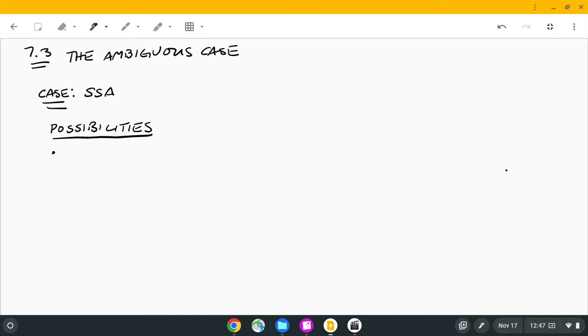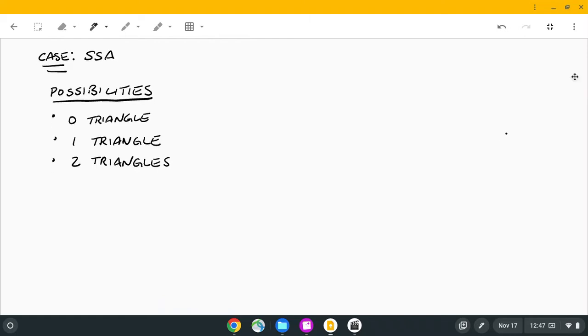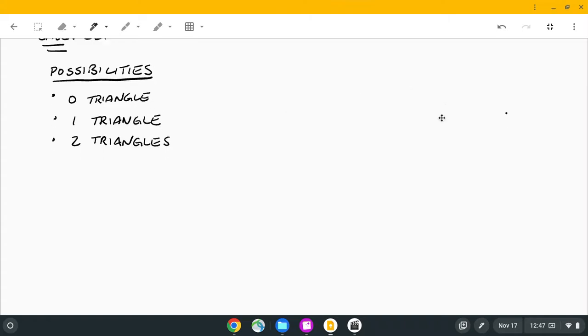You might have no triangle. You might have one triangle. You might have two triangles. Okay, so let's go ahead and take a look at this first example where we have no triangle.